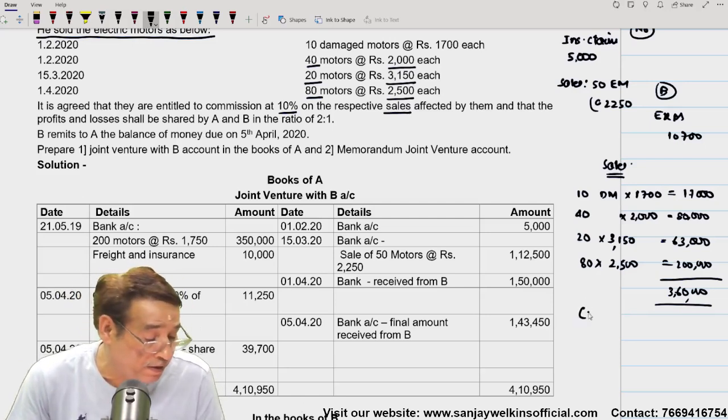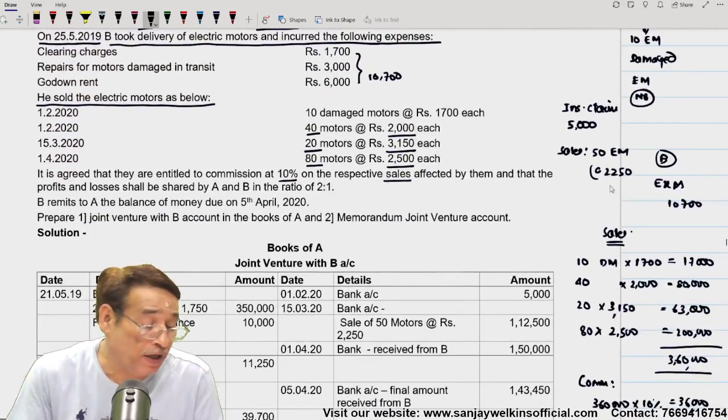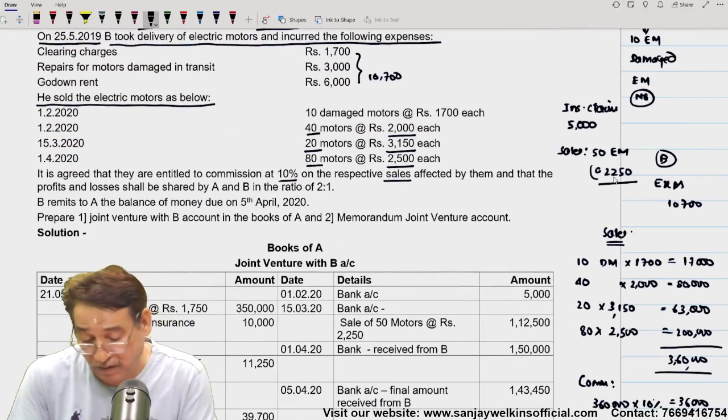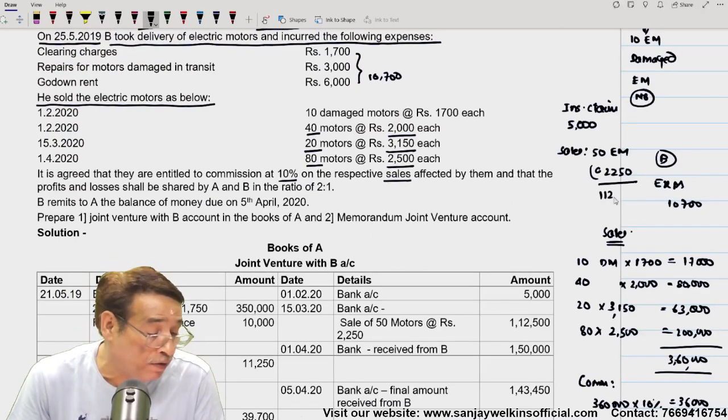So as far as commission of B is concerned, it will be equal to 3,60,000, because total sales of B is this, into 10%, 36,000. And total sales, as far as sales of A is concerned, 50 motors he sold at the rate of 2250. That is 1,12,500.